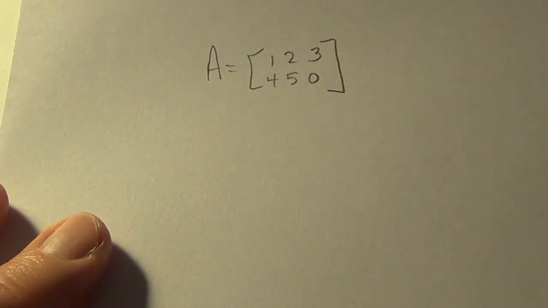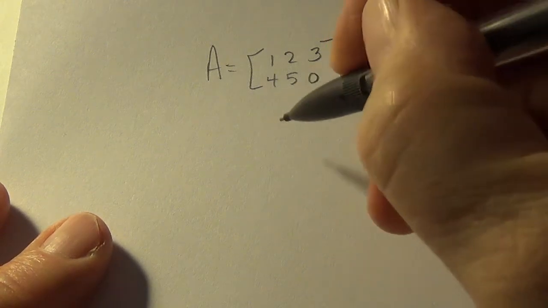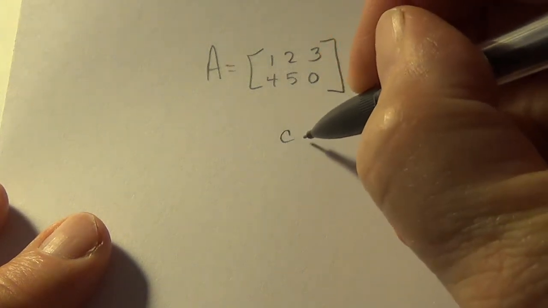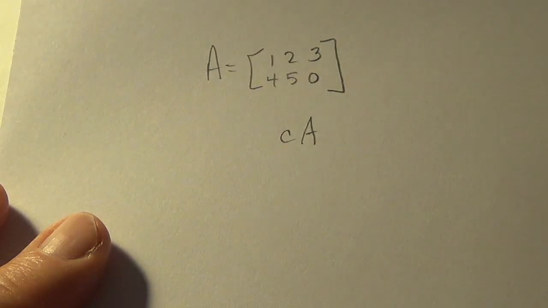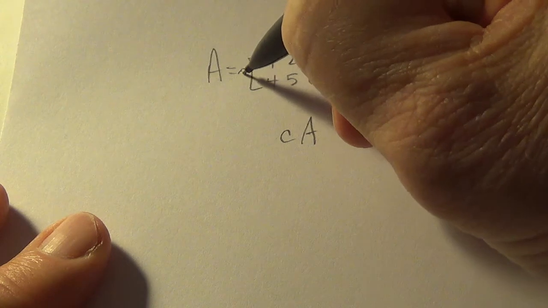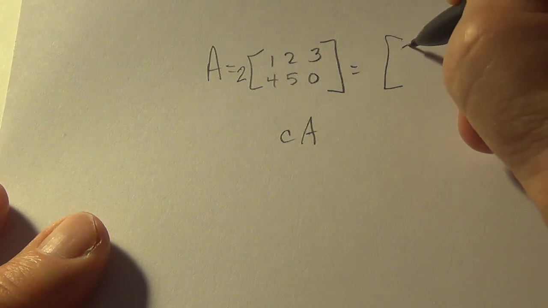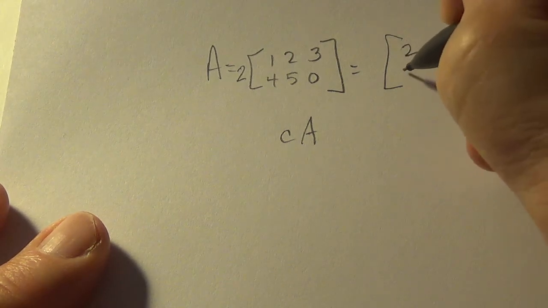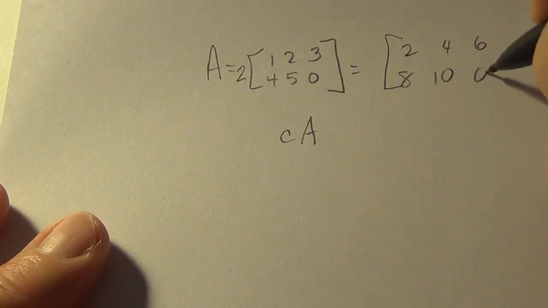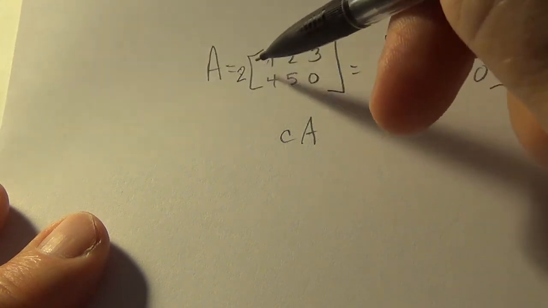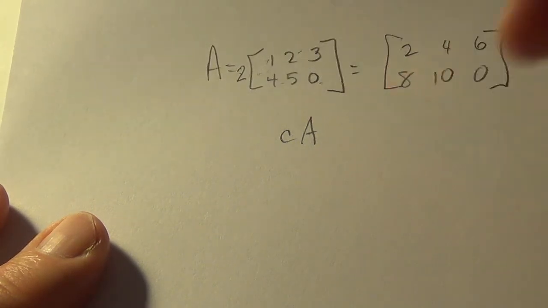I can take a constant, and I'll indicate a constant with a little c, and I can multiply c times matrix A. If little c happens to be a 2, that means I multiply every member of the matrix by 2. So I get 2, 4, 6, 8, 10, and 0 when I multiply each of these by 2.